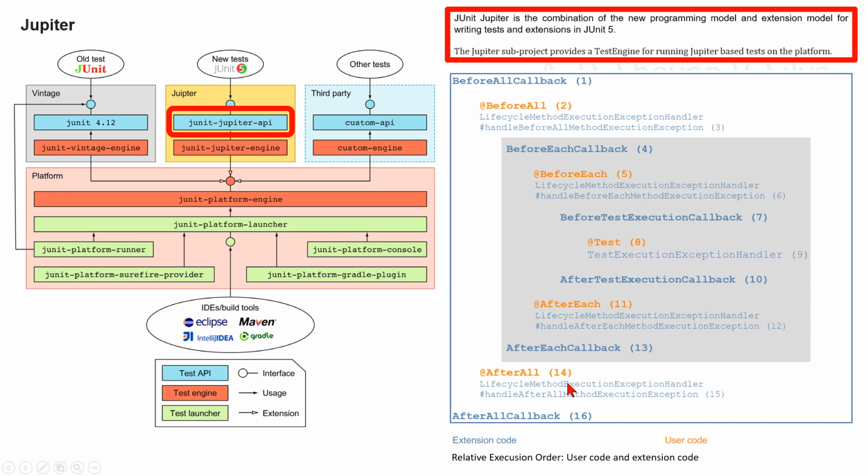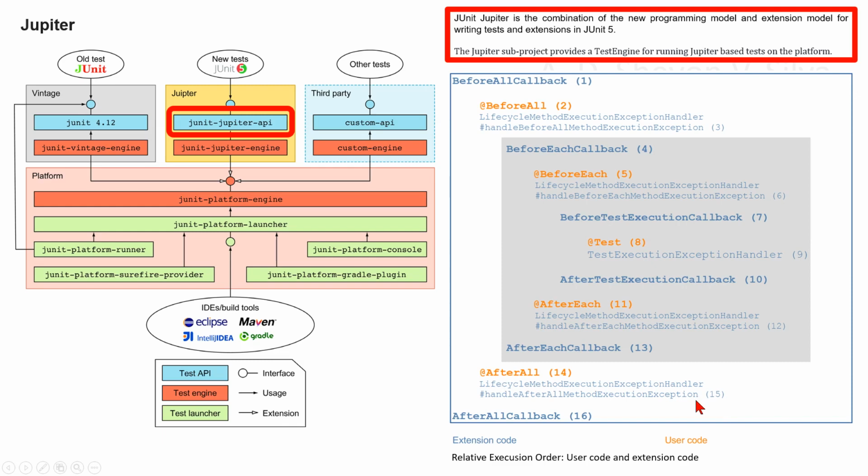14, annotation org.junit.jupyter.api.AfterAll: user code executed after all tests of the container are executed. 15, interface org.junit.jupyter.api.extension.LifecycleMethodExecutionExceptionHandler: handle @AfterAll method execution exception.